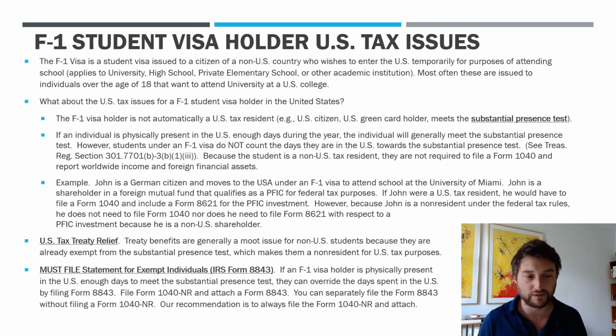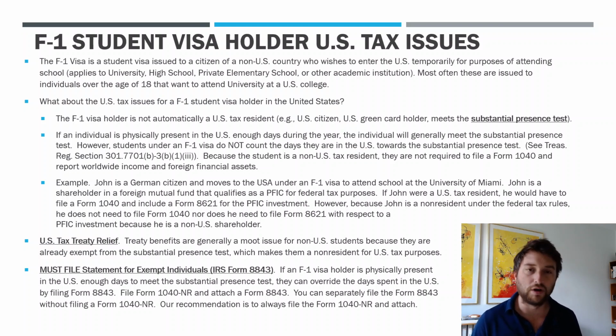What we don't want is an individual in the United States to become a U.S. tax resident. This is particularly a problem for children that have parents that are very wealthy, and they've set up a lot of different trusts and different types of accounts for their kids, a lot of estate planning, gift tax planning.